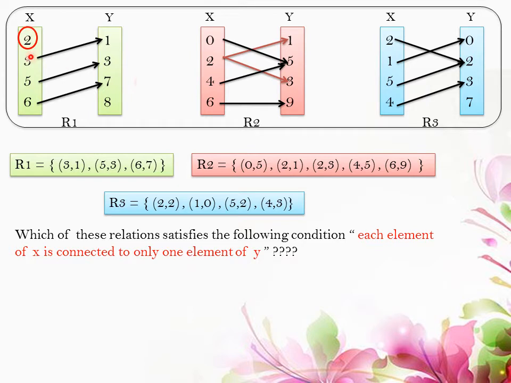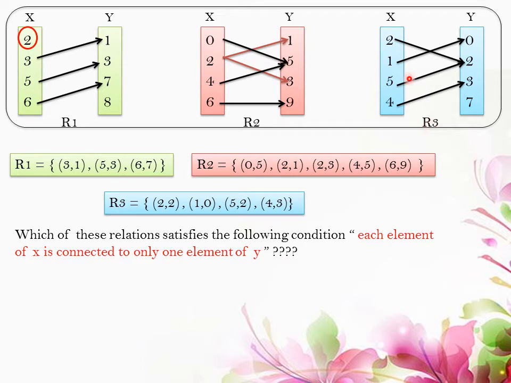Which one? In R1 we notice that the number 2 doesn't connect to any element in y. In R2 the element 2 is connected to two elements in y, not one only.